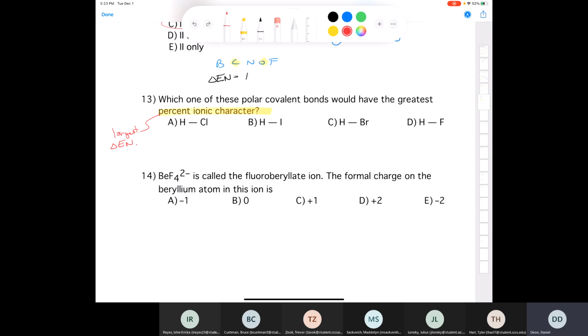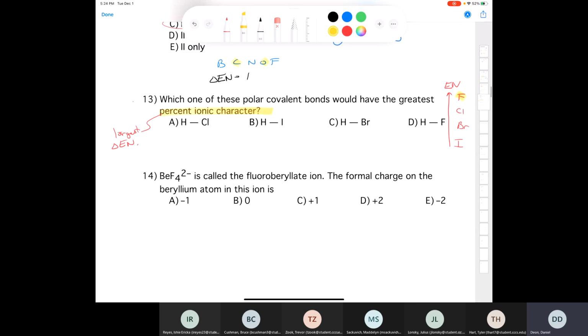Because we know that if we look at the 4 halogens, fluorine, chlorine, bromine, and iodine, electronegativity increases in this direction. And so the most electronegative of the halogens, in fact, the most electronegative element in the periodic table is fluorine. And so the greatest difference in electronegativity is going to be found in HF, and so it's going to have the greatest or most percent ionic character.